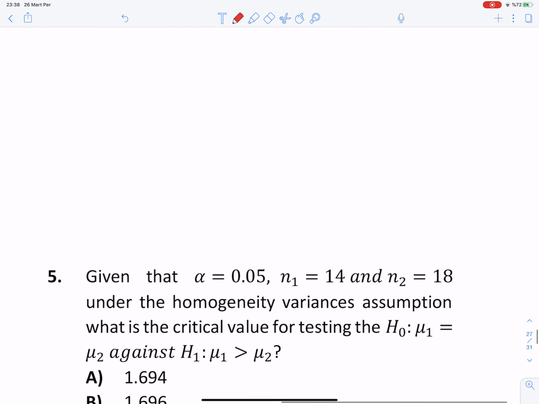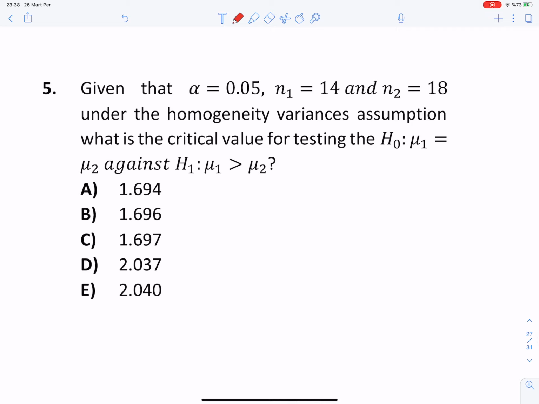Okay, gonna move to the next one, question 5. Given that the alpha level is 0.05 and the first sample size is 14 and the second sample size is 18, under the homogeneity variance assumption, what is the critical value for testing the null hypothesis mu1 equals mu2 against the alternative mu1 is greater than mu2? So it is the right-sided hypothesis, so the critical value will be positive, picked from the student t distribution table.